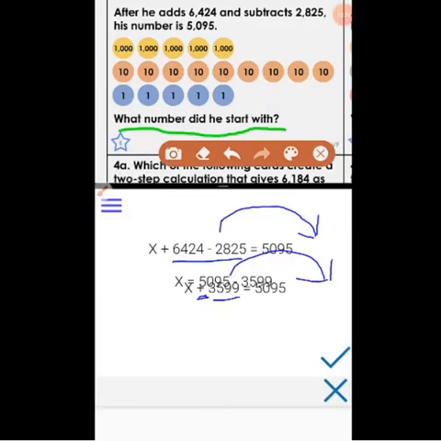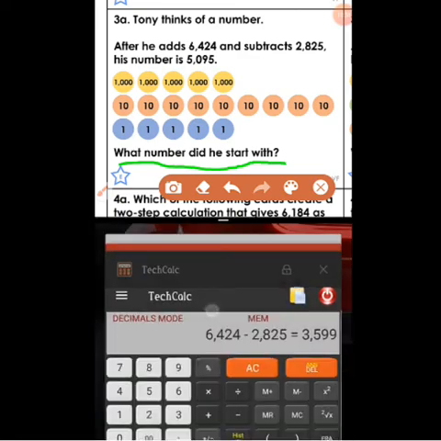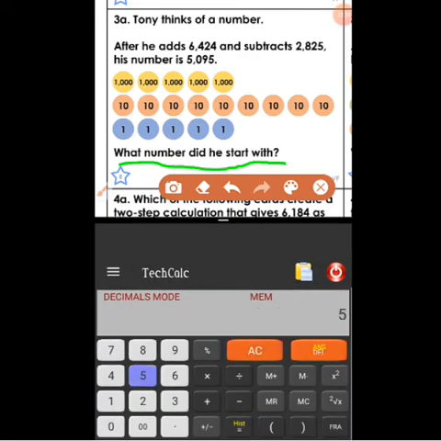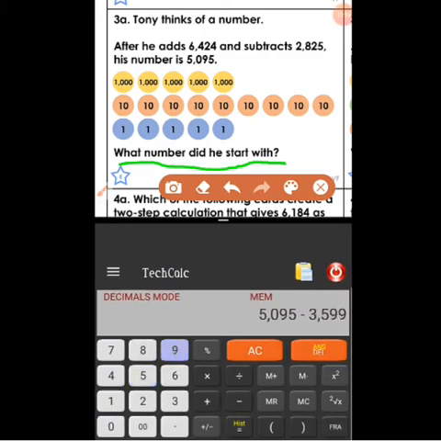Okay, so x will now be this. So when you subtract this, what will it give us? 5,095 minus 3,599 will give you 1,496.